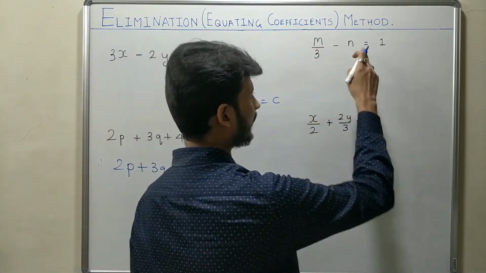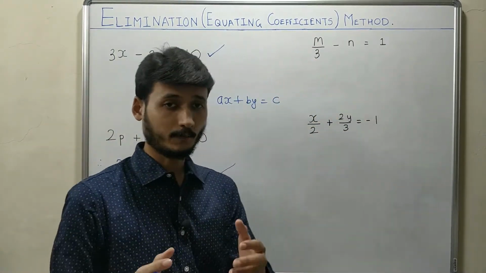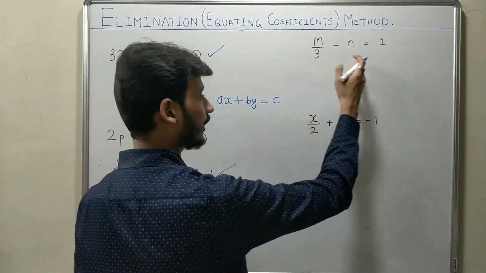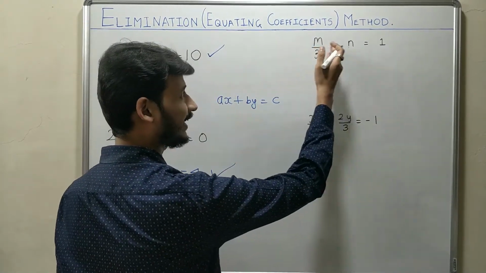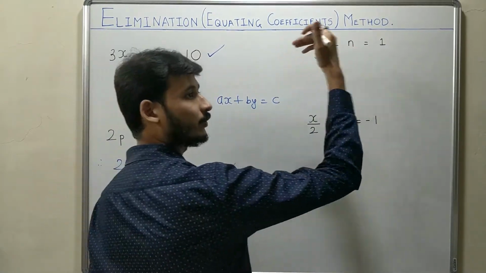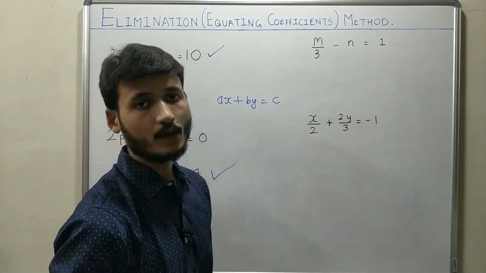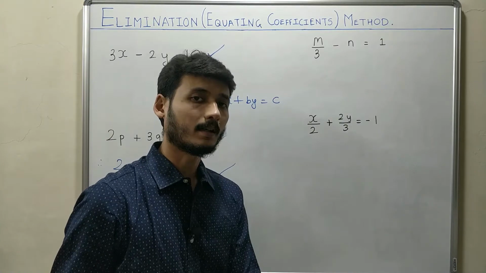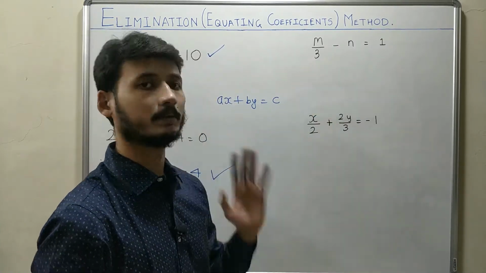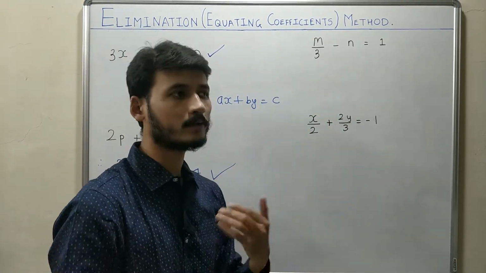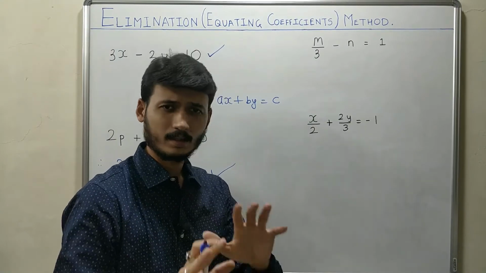Now let's move on to the next example. m upon 3 minus n is equal to 1. If you observe this equation, the variables m and n are on the left hand side and the constant is on the right hand side. So it's already in this form, ax plus by is equal to c. But there is a denominator over here: m upon 3, so there is 3 in the denominator. Doesn't matter.